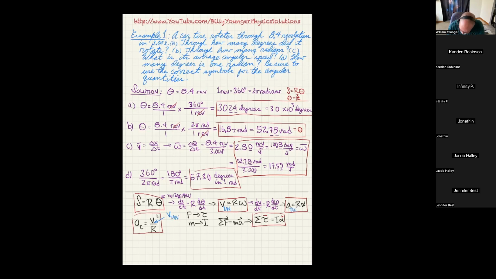There's also another version, though, that I should show you, and that is the summation of the forces is equal to dp dt. That becomes the summation of the torques is equal to dL dt, like that. So that's the analogous equation there.